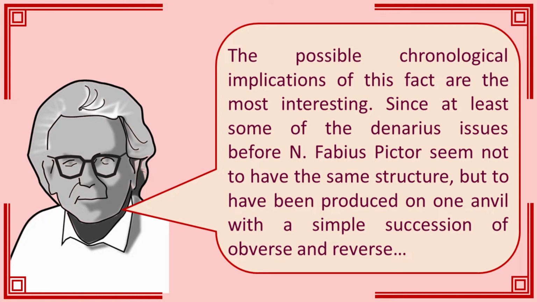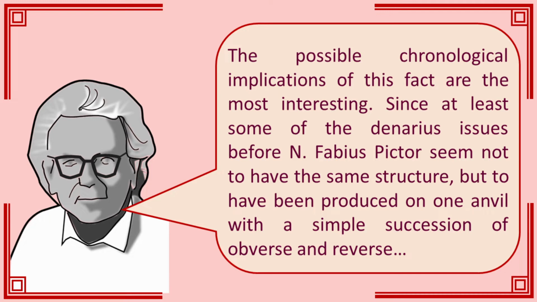We are going to see some counter-evidence, but here Crawford is positioning Pictor as the moment of transition from a relatively simple mint, typical of the ancient world, to the elaborate, highly professional and weirdly idiosyncratic mint that Rome becomes, the mint of Vespasian and Domitian and the Empire.